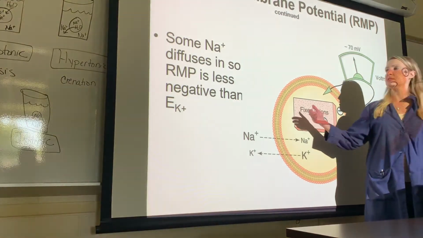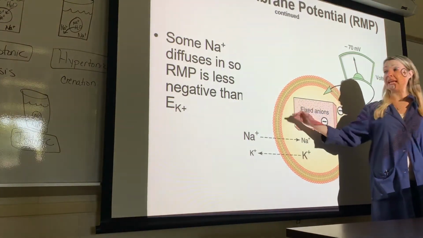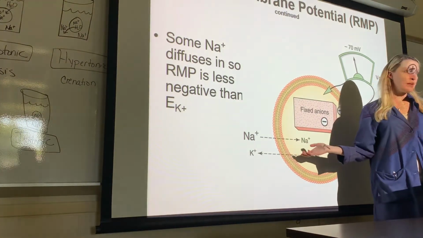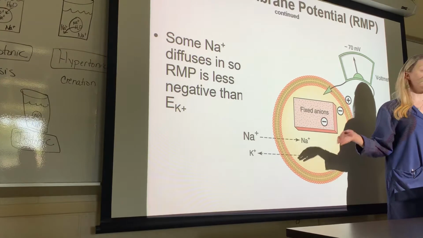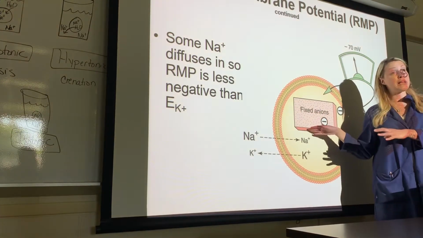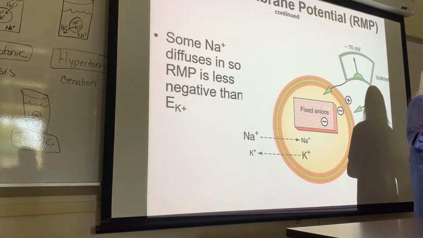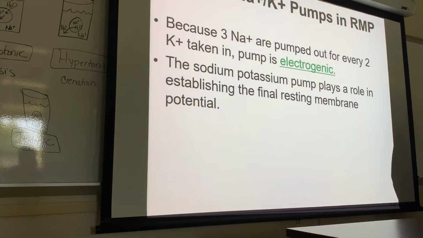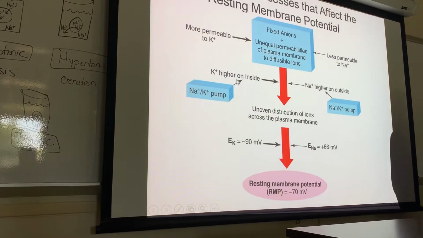So because of this, the resting membrane potential is less negative than if it were just potassium alone that we're moving, right? Because we're adding some positive charges back in with the sodium. So it's not going to be super duper negative. And then we have the sodium potassium pump, which also plays a role.